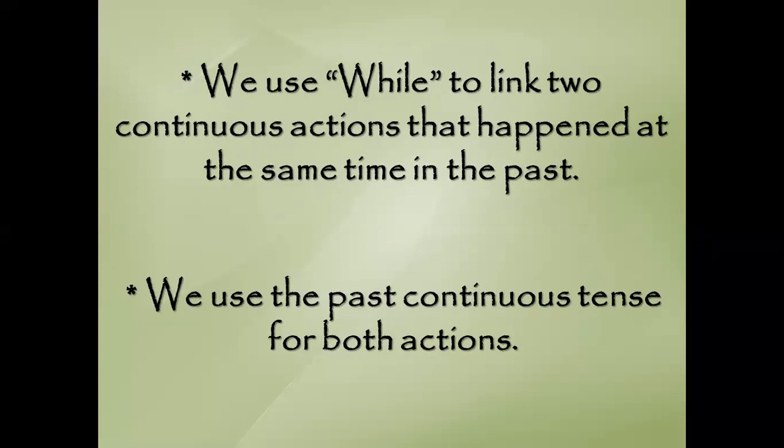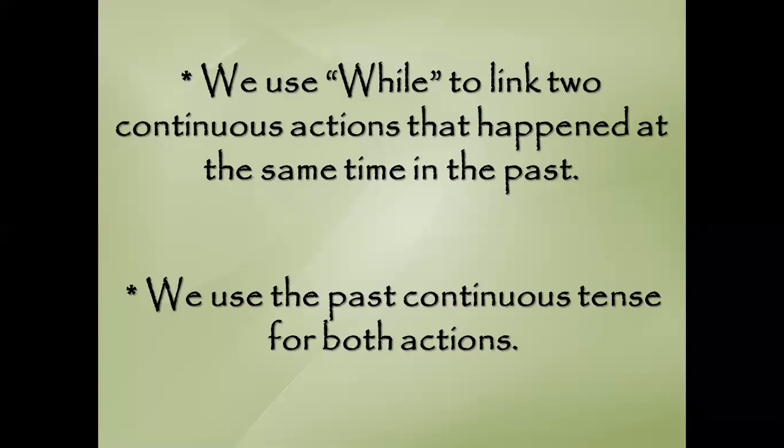While is a connective, which is used to link two actions happening simultaneously. They are happening at the same time. Of course, in the past, I mean. So the two actions were continuous. They were in progress. They were going on simultaneously. None of these actions interrupted the other.